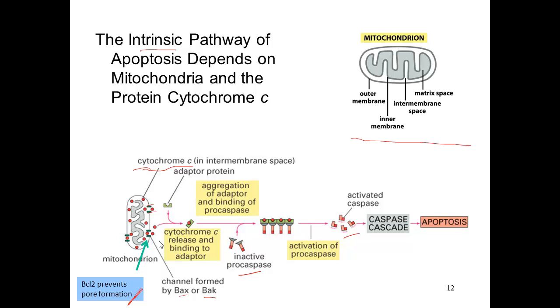The final point to make is when cytochrome C hits the cytosol or cytoplasm, it doesn't really matter where it came from. Most of the time in the cell, it comes from the mitochondria. But if you were to artificially inject the cytochrome C protein into a cellular cytoplasm, that would have the same effect. It's simply the presence of cytochrome C where it should not be that's going to trigger apoptosis.